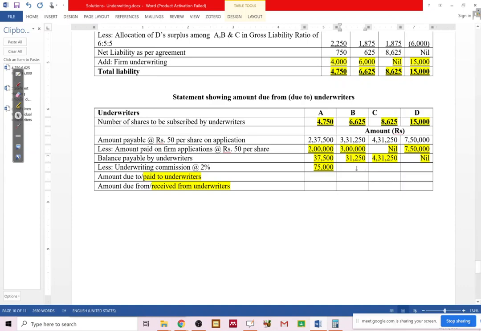Then 31,250 is the balance payable. So how much is the underwriting commission for B?